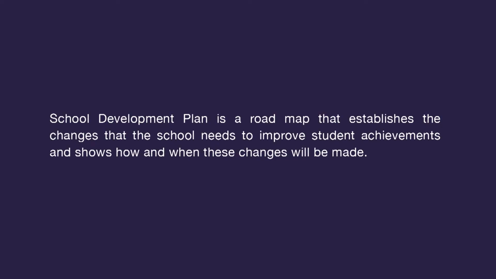SDP is prepared to ensure the quality of education. A school development plan is a roadmap that establishes the changes that the school needs to improve student achievements and shows how and when these changes will be made. The SDP includes the problems, needs, goals, objectives, standards and targets, implementation plan, etc.